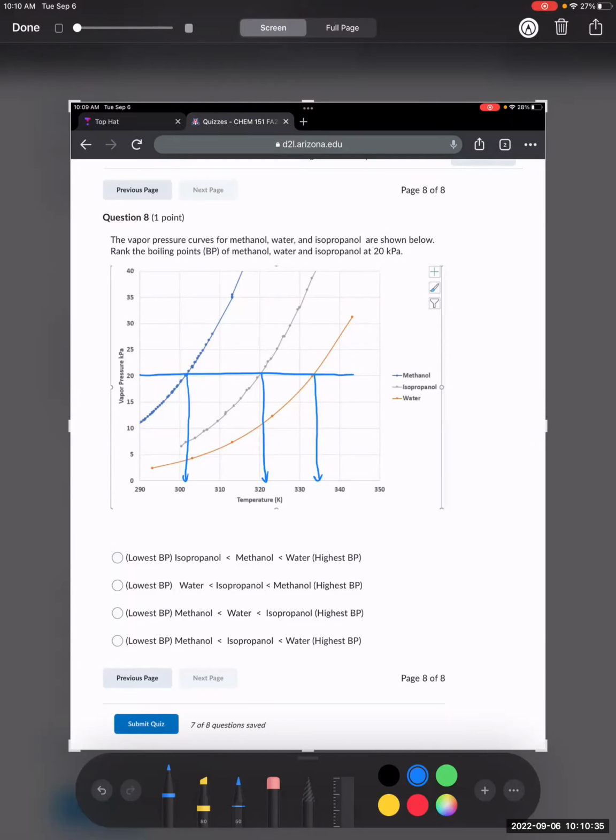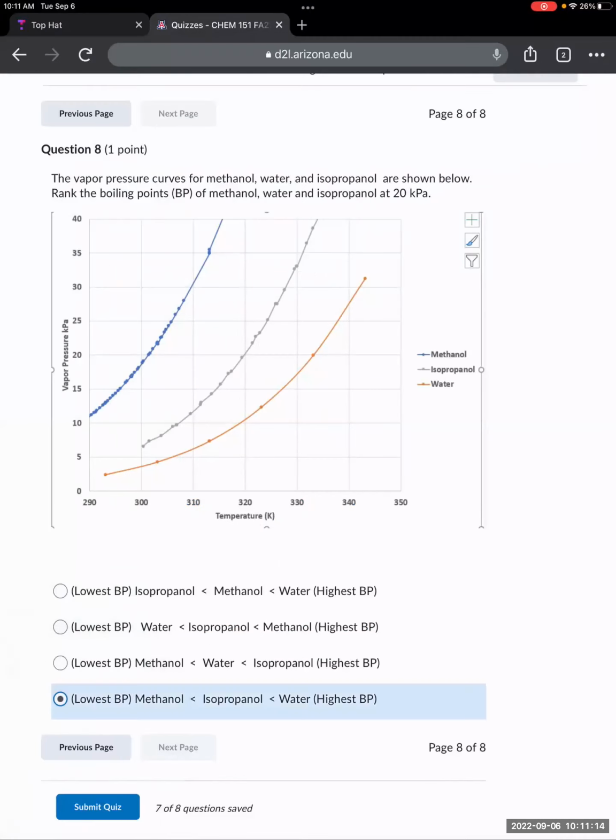So this should be the boiling point of methanol, this should be the boiling point of isopropanol, and this should be the boiling point of water. So we have the highest boiling point in water, then isopropanol, and methanol has the lowest. So it should be between the last two. It seems like the fourth one is the correct answer. So we're going to select that, and that's our final answer.